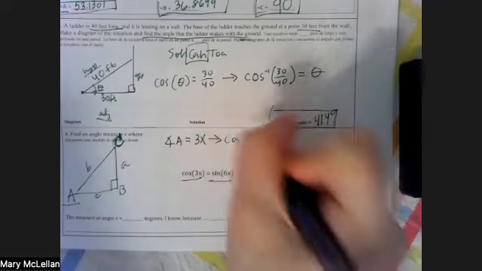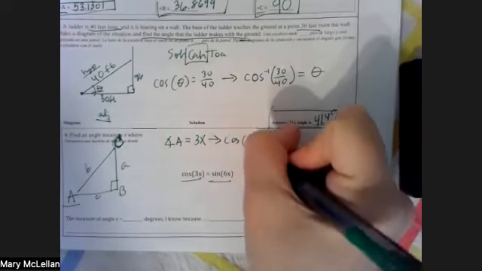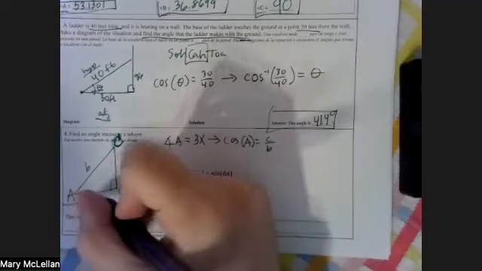Then cosine of A equals C/B, because that's adjacent over hypotenuse.